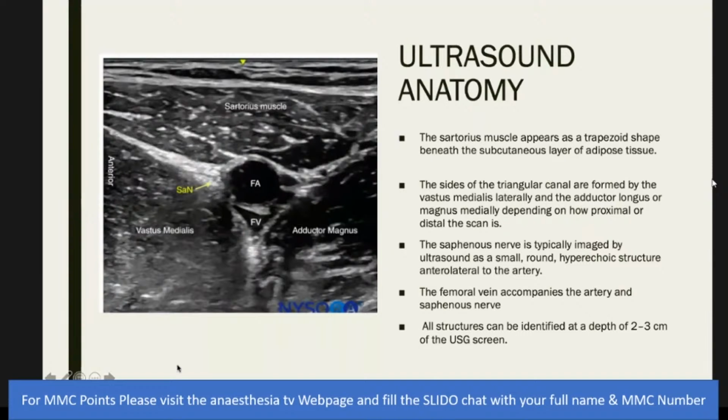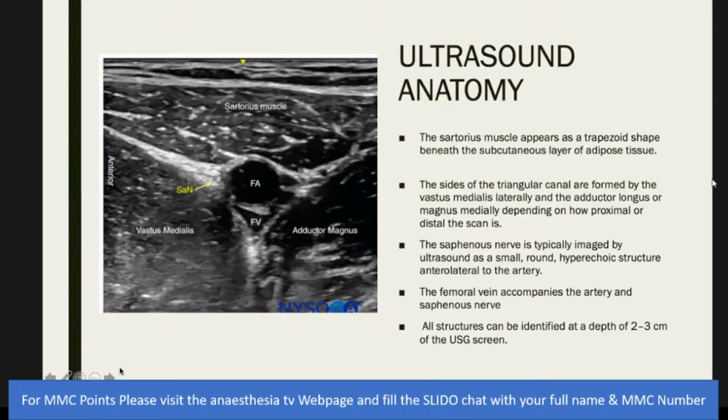Ultrasound anatomy. The sartorius muscle appears as a trapezoid shape beneath the subcutaneous layer of adipose tissue. The sides of the triangular canal are formed by vastus medialis laterally and adductor longus or magnus medially, depending on how proximal or distal the scan is.